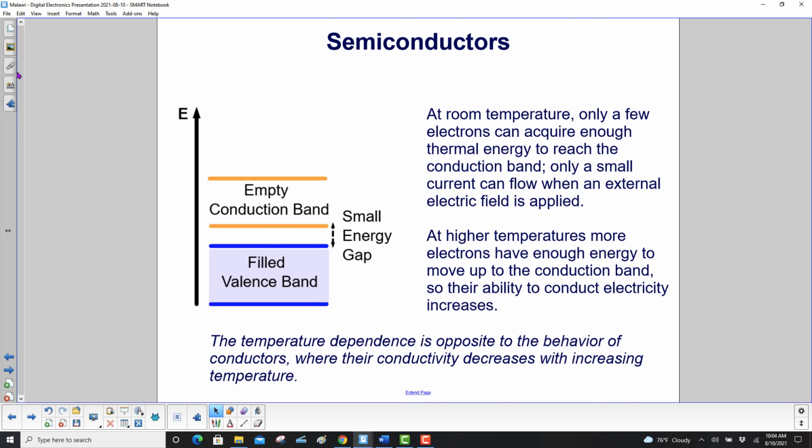At room temperature, only a few electrons can acquire enough thermal energy to reach the conduction band. Only a small current can flow when an external electric field is applied. At higher temperatures, more electrons have enough energy to move up to the conduction band, so their ability to conduct electricity increases. This temperature dependence is opposite to the behavior of conductors, where their conductivity decreases with increasing temperature.